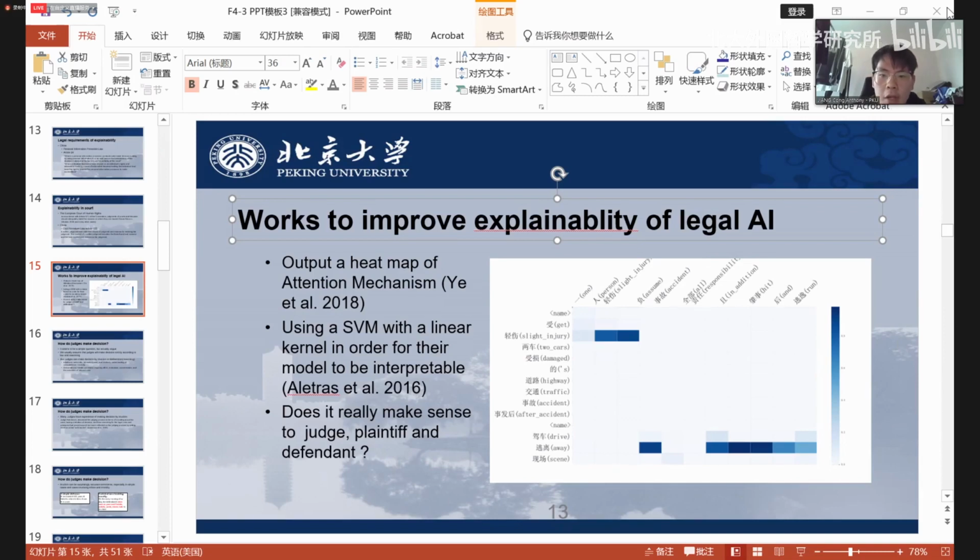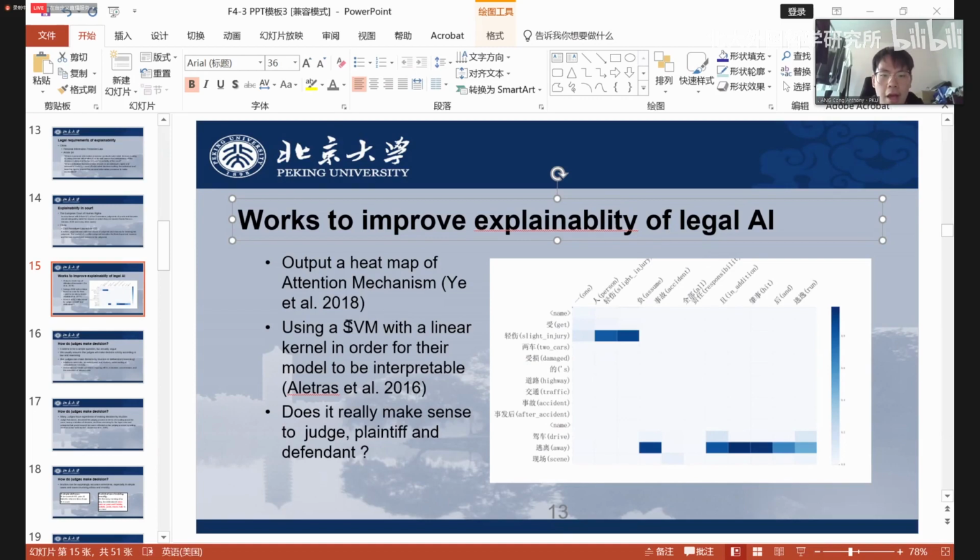For example, slight injury, 轻伤 in Chinese, means that in a criminal case, the person was hurt slightly, and it will lead the AI to make a decision of guilty.